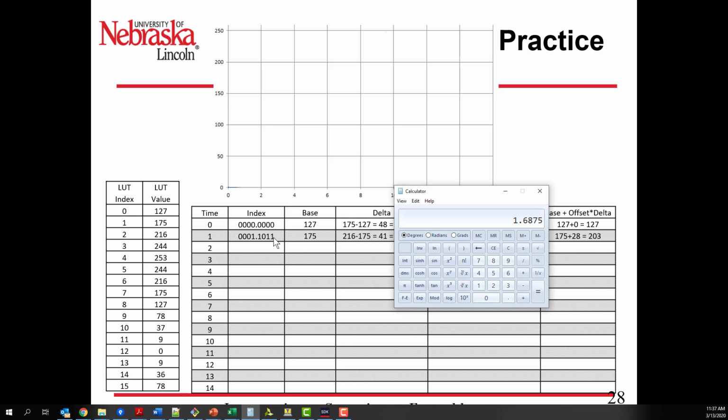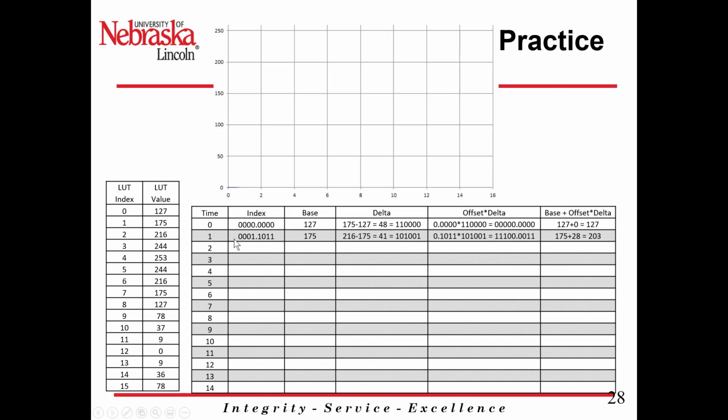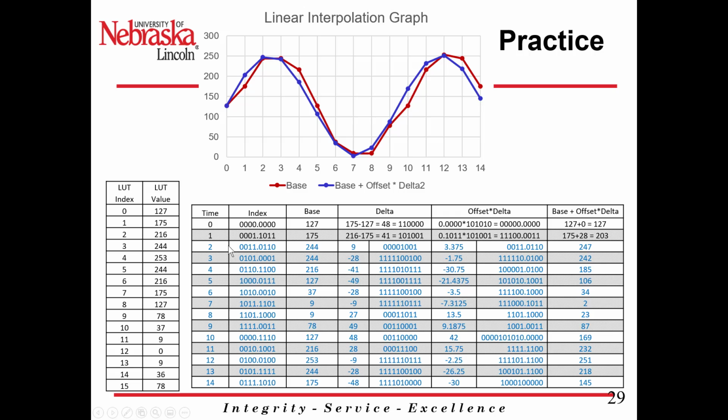So we're indexing our phase index 1.6875 into that array, adding that index each time.